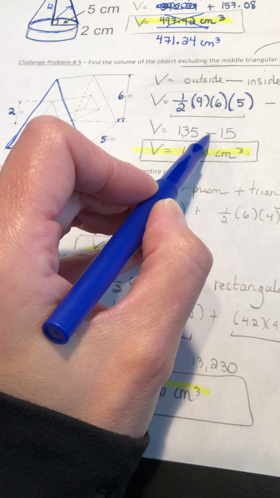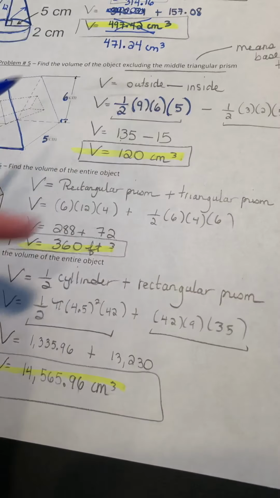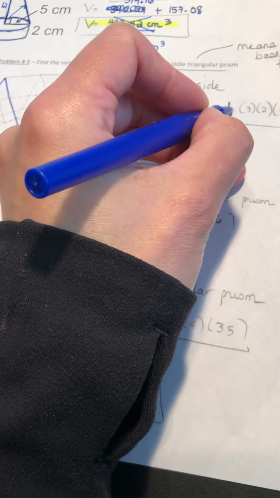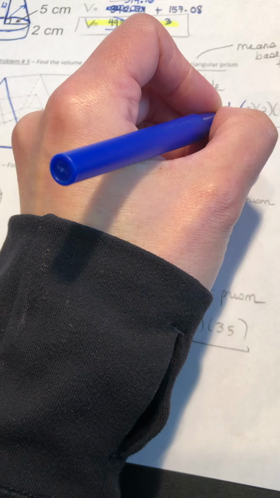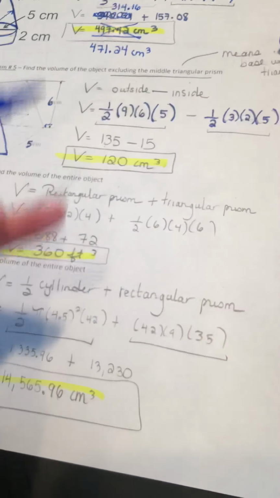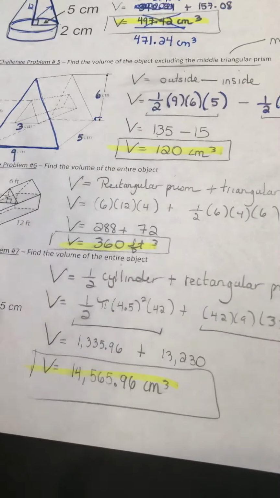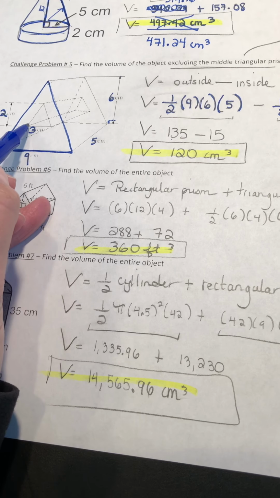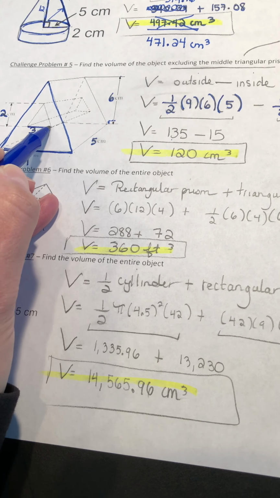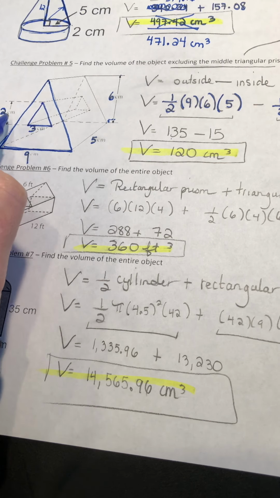Now I have to subtract the inside triangular prism. So the inside is going to be 1/2 times 3 times 2 times 5. How am I getting that? The 1/2 is for the triangle, 3 is the base of the triangle, and 2 is telling me how tall the triangle is.